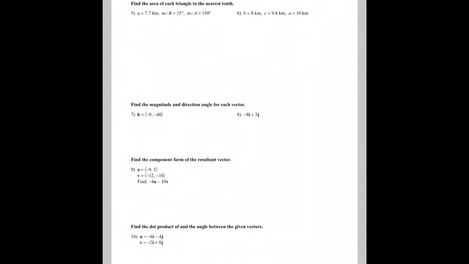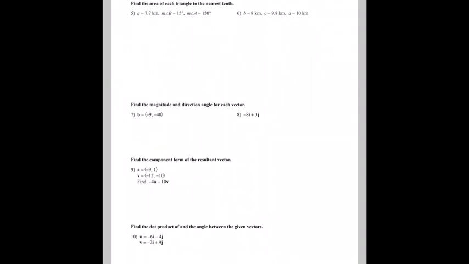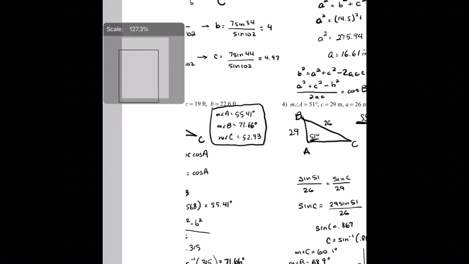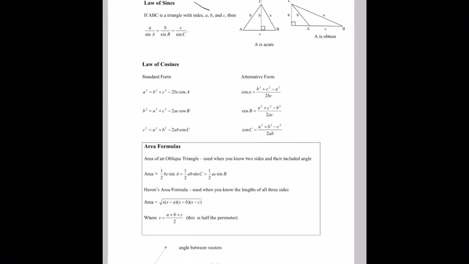Also from section 4.2, law of cosines, were some problems involving finding the area of a triangle in which we don't know the length of the height, so we couldn't use the standard area formula of 1/2 base times height. If you notice on the reference sheet, there are some area formulas given, and these would have also been included in the homework for section 4.2.